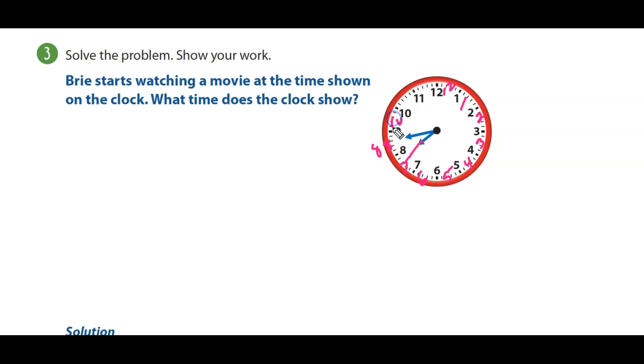Between 9 and 10 is 9. Between 10 and 11 is 10. Between 11 and 12 is 11. So if the little hand, which is the hour hand, is pointing between two numbers, it's the number below it. That's all.